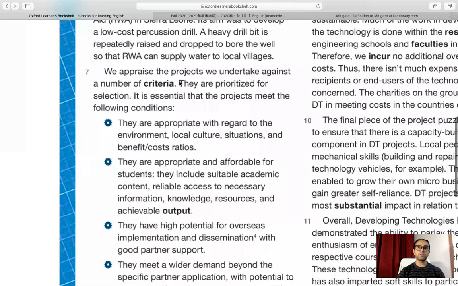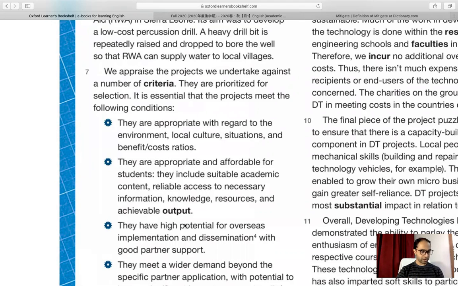We appraise the projects we undertake against a number of criteria. Criteria is standard, some standard to judge. For example, what is the evaluation criteria for this class? Like unit tests and assignments, those are criteria, okay, standards.